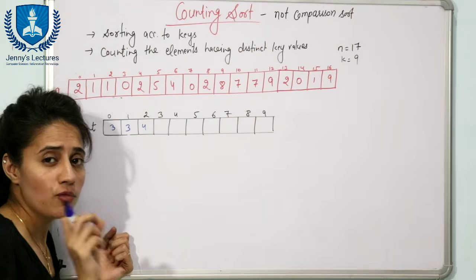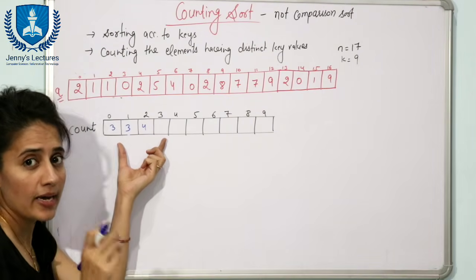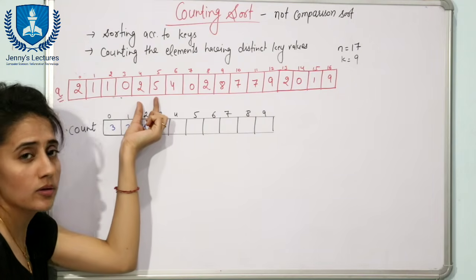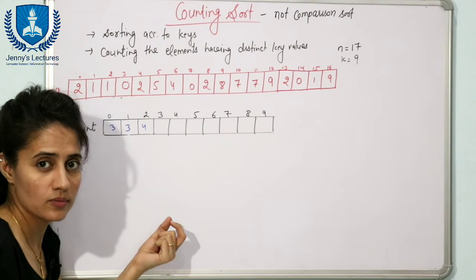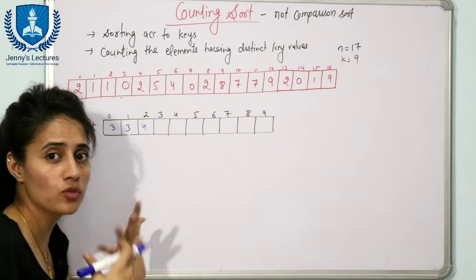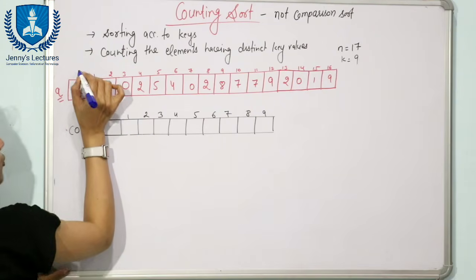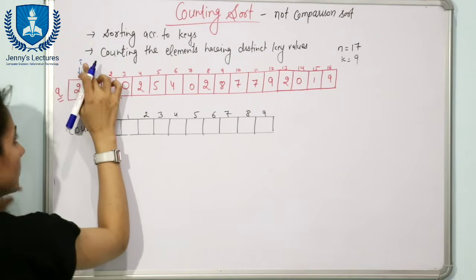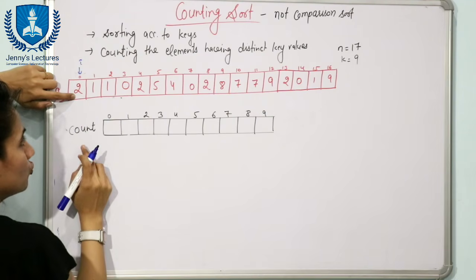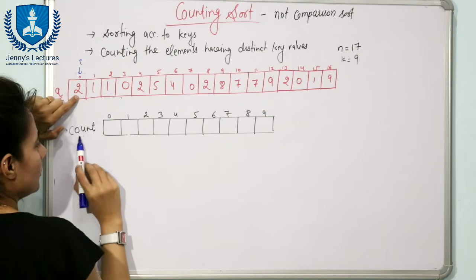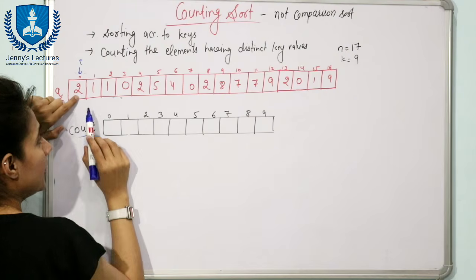But now we will see how we are going to fill this array actually, how we are going to write down 4 here, how we are going to count the number of elements, and how we are going to write down the code. First of all, we are going to take one variable I. Here the value is 2, right? In this count array, go to the index 2.